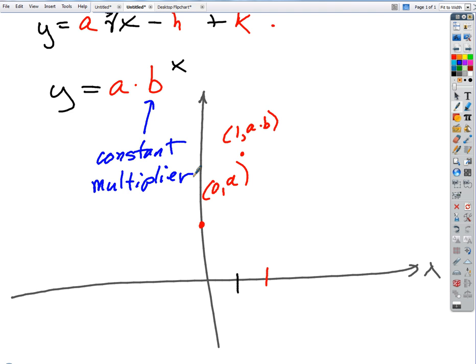So it grows extremely rapidly then, right? This is what exponential growth is, very rapid growth. What do you think a is? The y-intercept. Another way of thinking of that is when x is 0, that's the value of y, isn't it? So a lot of times we call that the initial value.